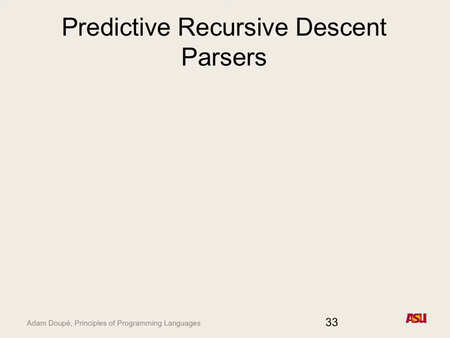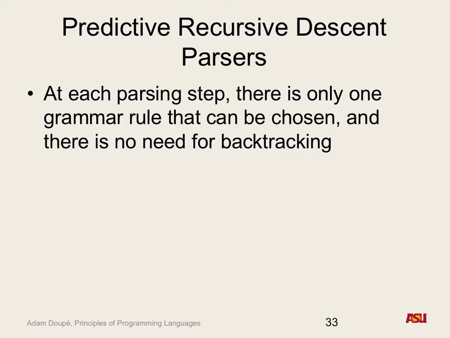Descent: top down. We're always going to try to parse S at the top, and then figure out which one of S's rules apply. Then when we try to parse A, we'll figure out which one of its rules apply, and so on and so forth.